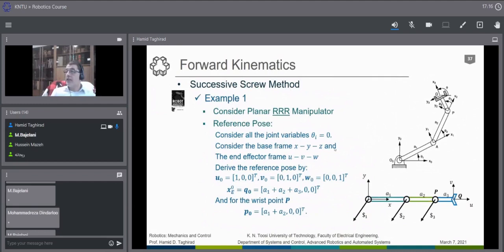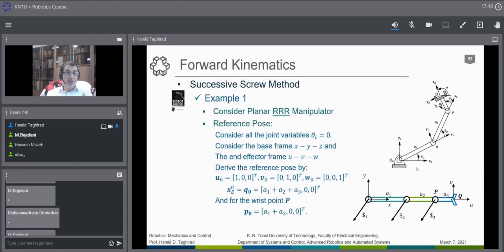The first one is a 3-arm manipulator, which is quite simple. We have solved the kinematic relation by means of two other methods, the direct geometrical approach, or the Denavit-Hartenberg method. Here we use the screw representation.